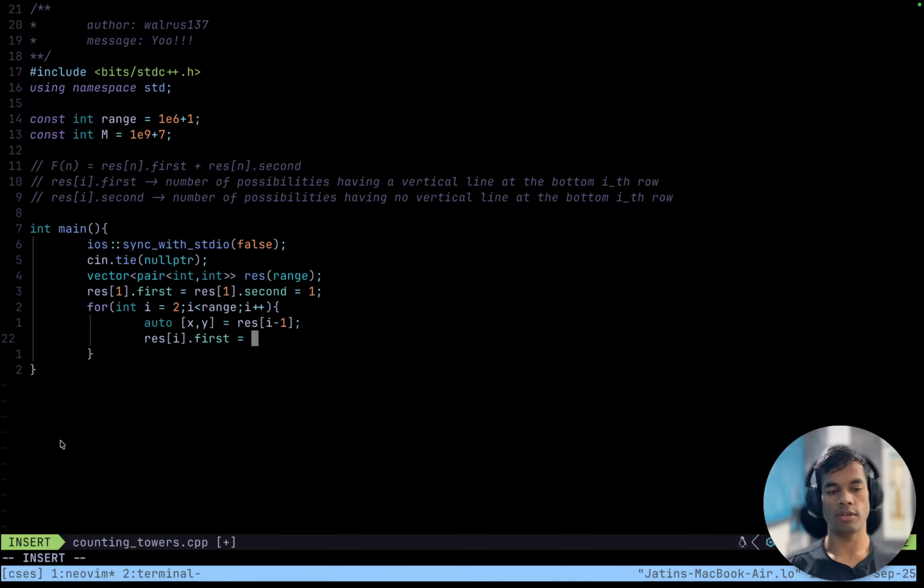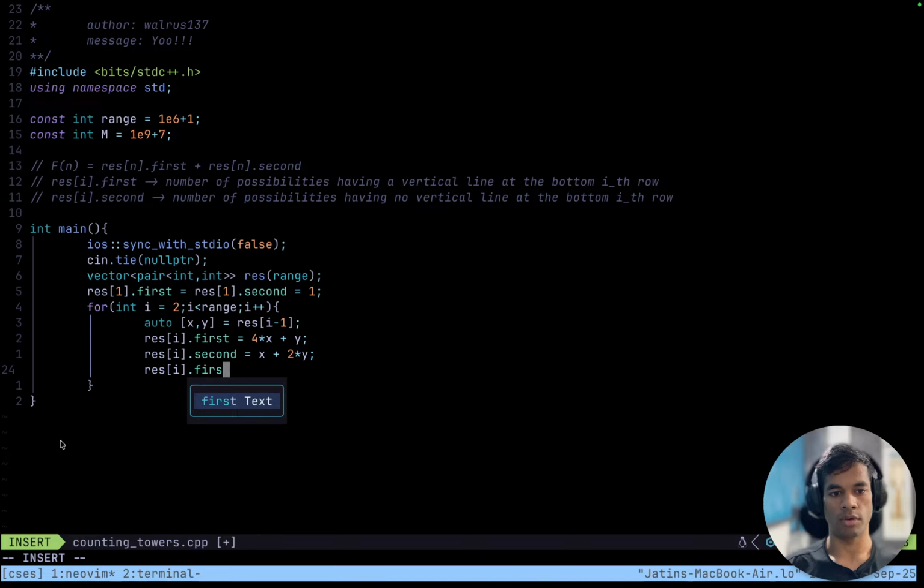The first value is going to be equal to 4 into x plus y, and res dot second is going to be x plus 2 into y, and after that we will also have to take modulus mod with m, and res I dot second also modulus m.